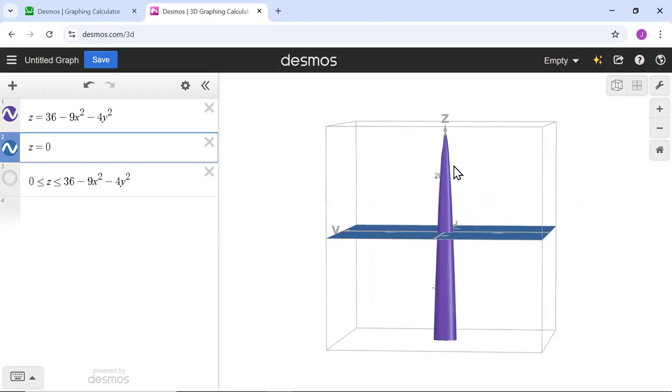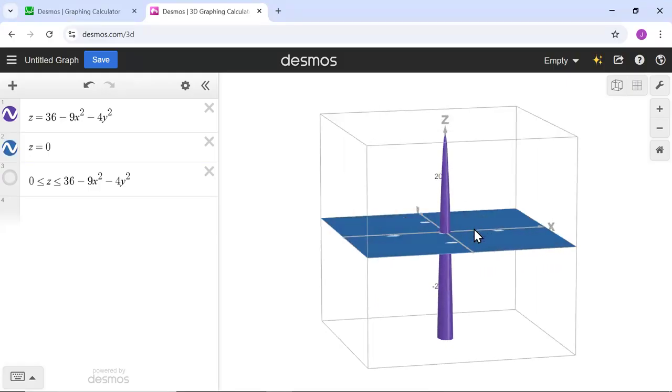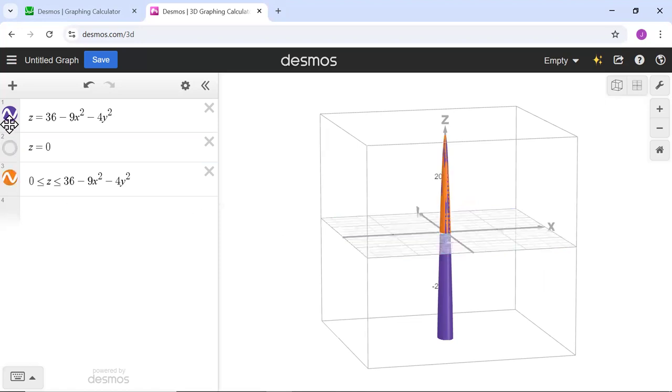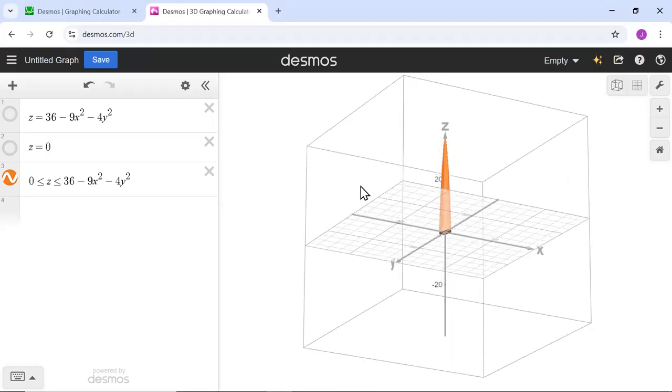But it's pointing down. Obviously, it goes down forever, but we want the portion above the z equals 0 or the xy plane. And that's the z equals 0. So what we're looking at is this domain here.